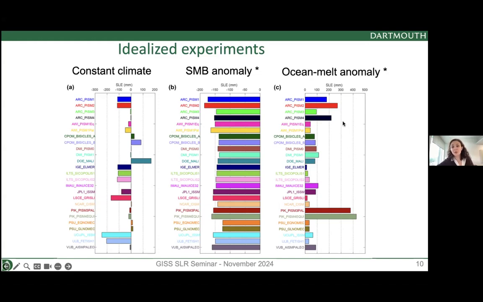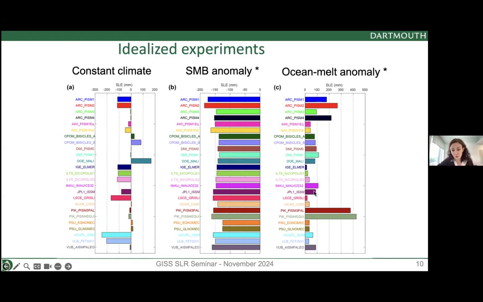If, on the other hand, we look at the impact of changes in ocean conditions, and again, we wanted something simple here, so we doubled the melt that we observe today that's estimated from remote sensing observations. And so if we double this melt, we see that the response is kind of all over the place. We have some models like the ones here in the middle. I hope you can see my mouse.